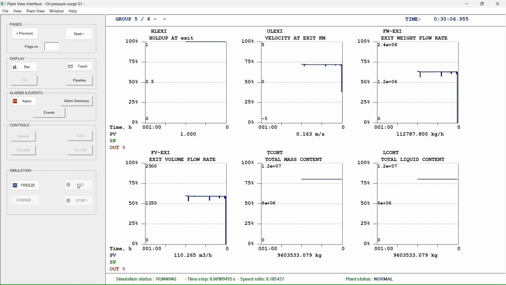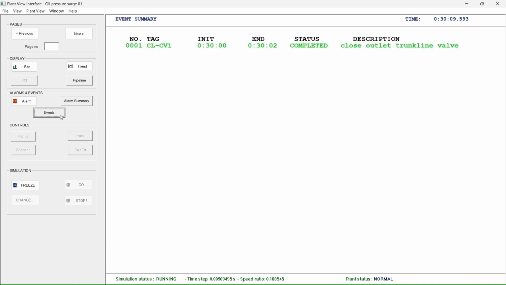Valve closure is completed in 2 seconds and the instruments attached to the pipeline exit points signal the event. The event view shows valve closure as completed.